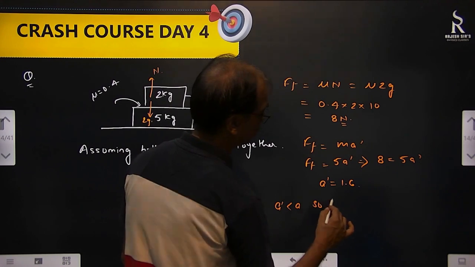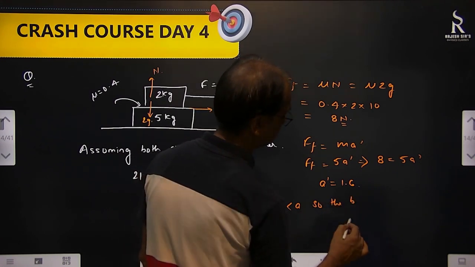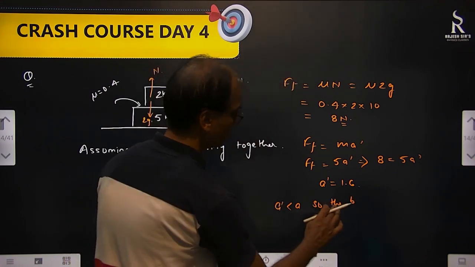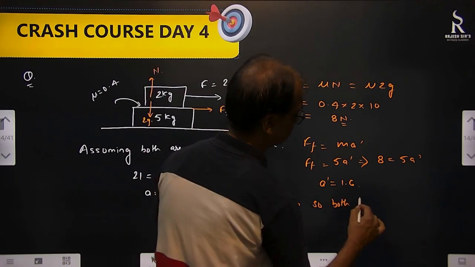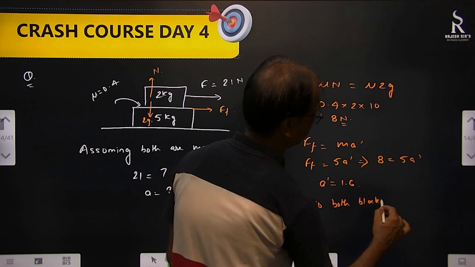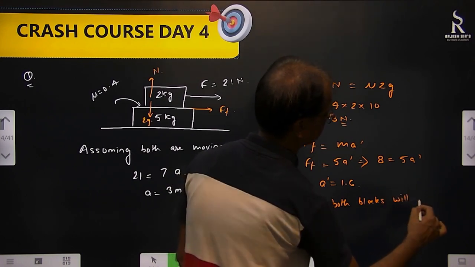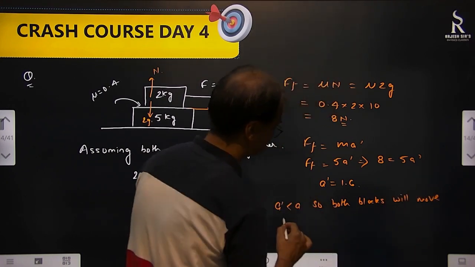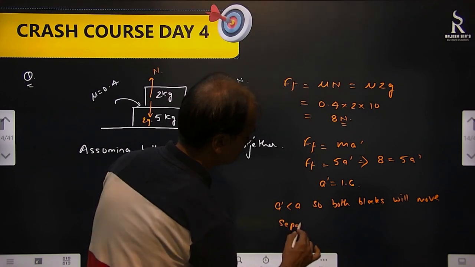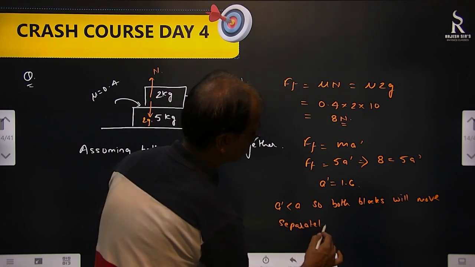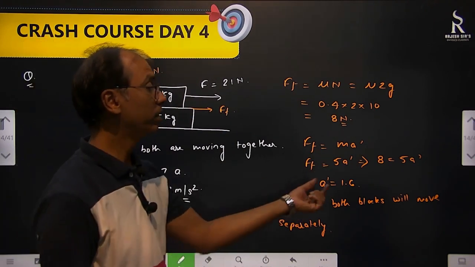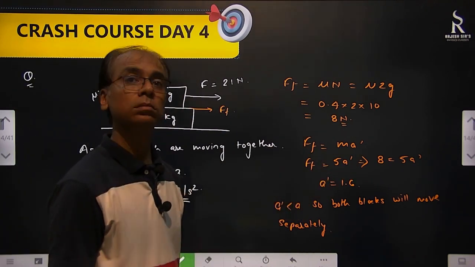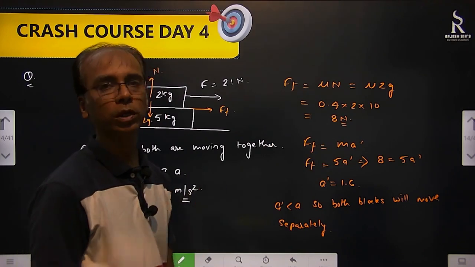So both the blocks will move separately. If a dash had come more than 3, both would have moved together.